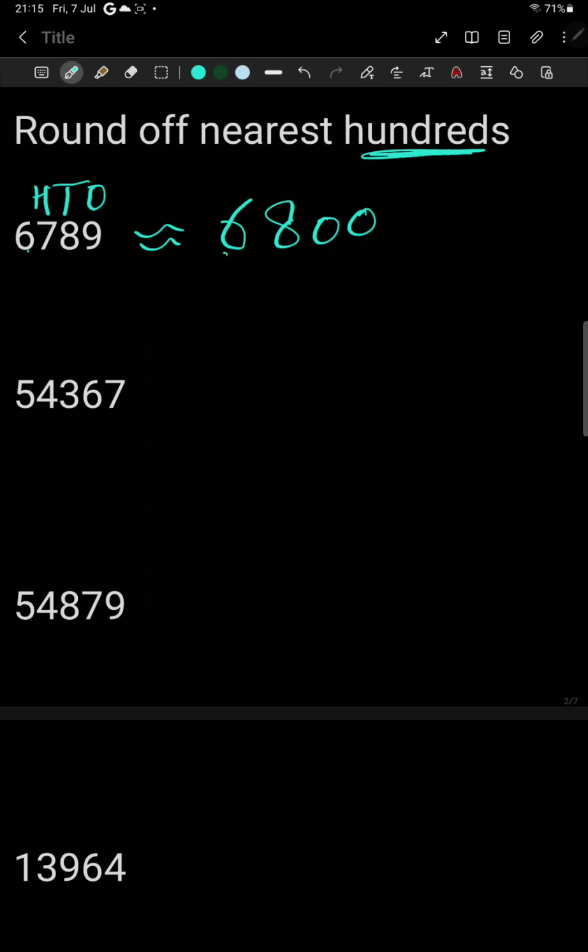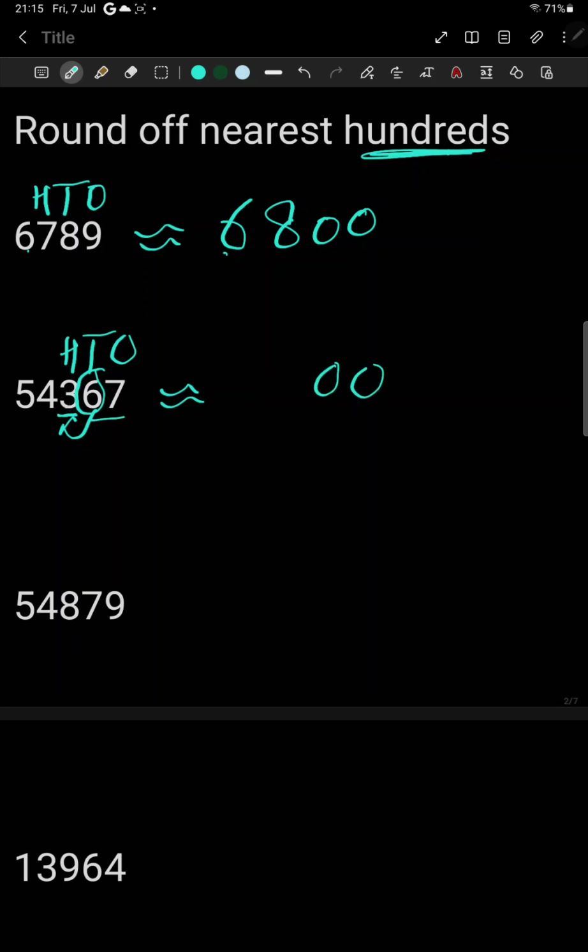789 will become 800. Now the next one, for instance, we are going to round off to the nearest hundreds again. Ones, tens, hundred. So we will underline this one and circle this one. 6 is greater than 5 again, so we will round up. So over here these two numbers will become 0.